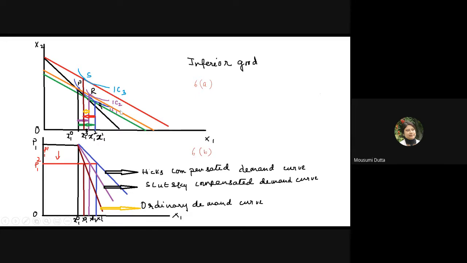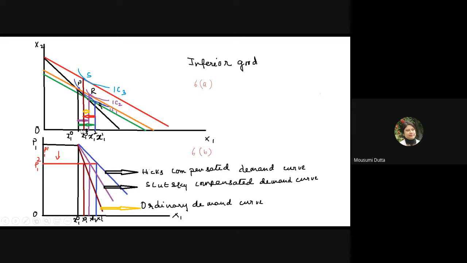And we will draw IC1 in a similar way. The Hicks budget line will touch this IC1 at a different point, whereas by Slutsky, we will be able to move to a higher indifference curve. And again, we will be able to move to a still higher indifference curve IC3 if I consider the total effect of relative price change.